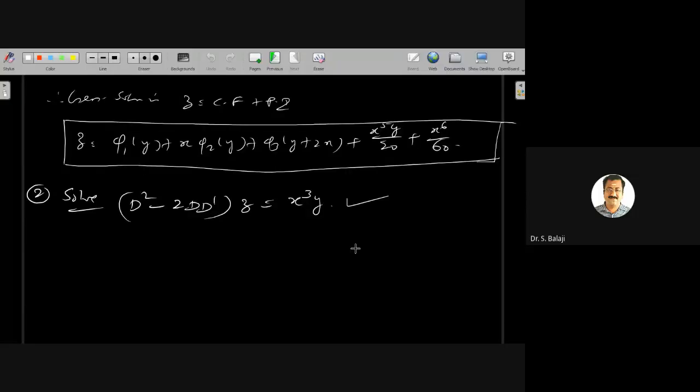In the same manner, try d square minus 2 d d dash of z equal to x cube y. Well, if you try this problem, give your answer.